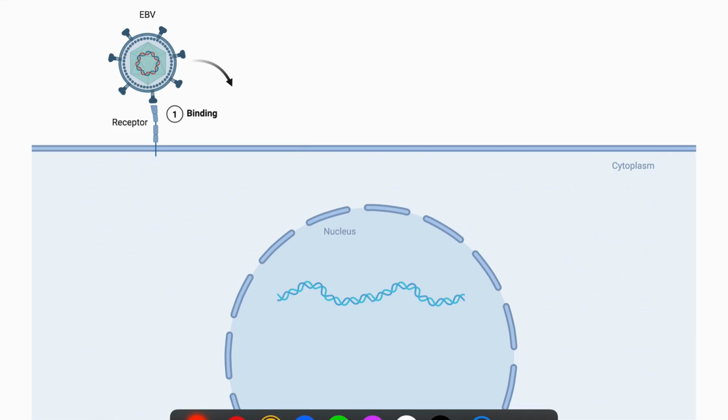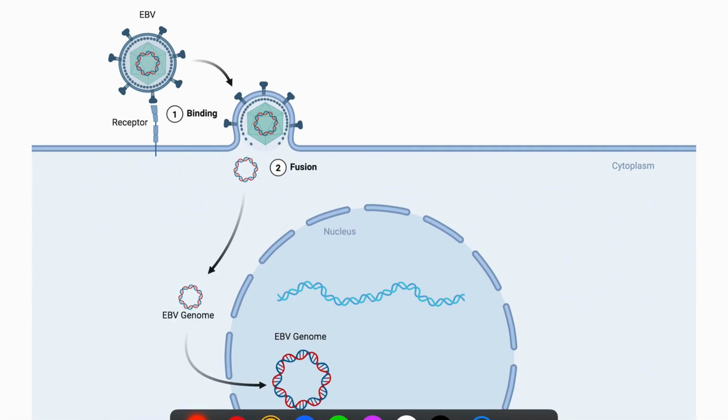Epstein-Barr virus infects a host cell once it attaches to a receptor on the surface of the cell. This leads to binding and fusion of the virus with the plasma membrane. This viral capsid here is degraded, resulting in the release of the genetic material of the virus into the cell, where it translocates into the nucleus. Now here is where Epstein-Barr virus is a little different than most viruses.